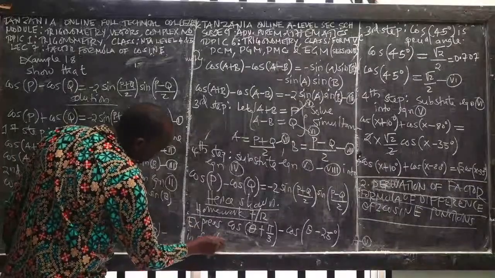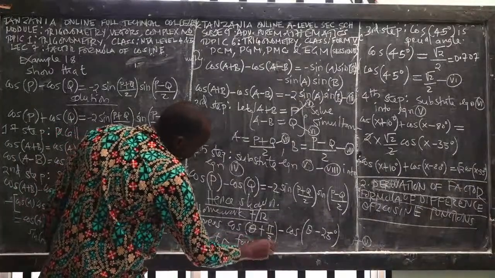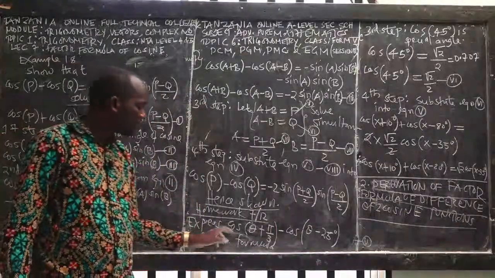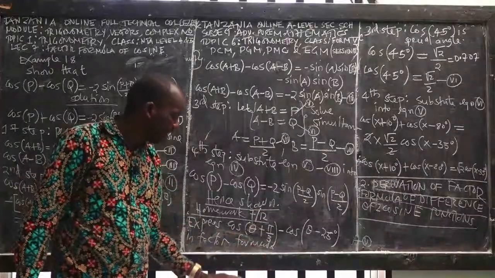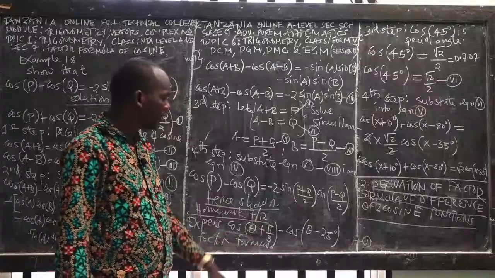So the question is simple for the serious students. I believe that you can compute it and express it immediately. Express cosine of (theta plus pi over 3) minus cos of (theta minus 25 degrees) in factor formula.